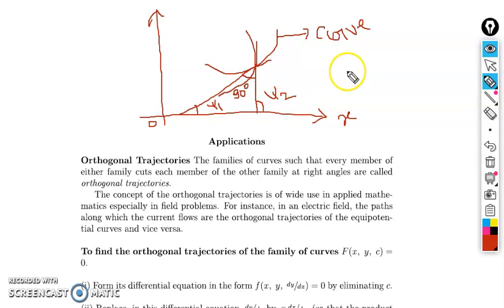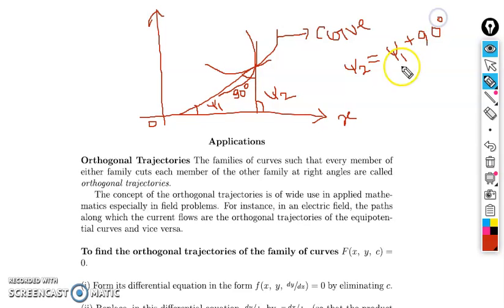So the external angle phi 2 should be equal to phi 1 plus 90 degrees.